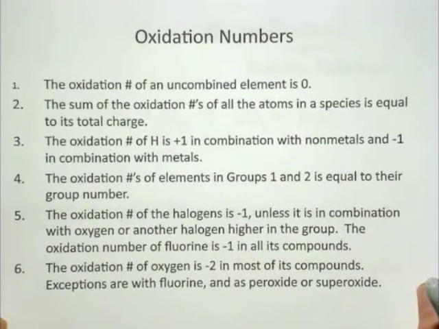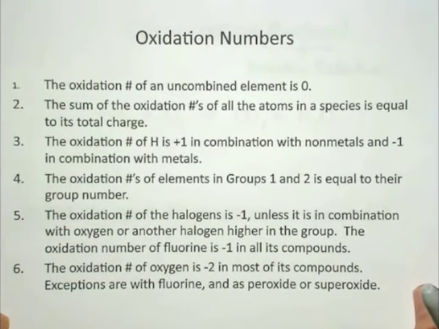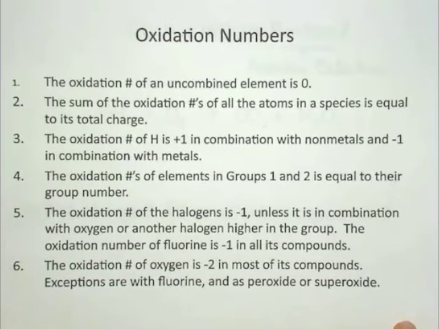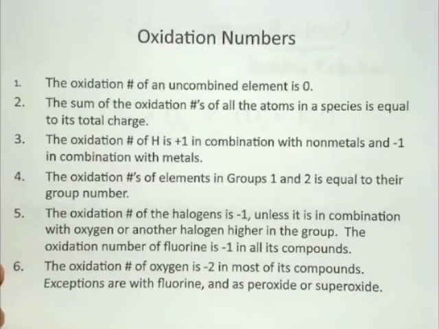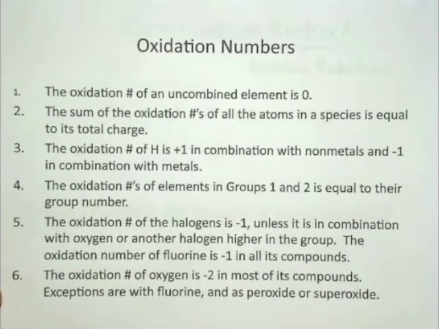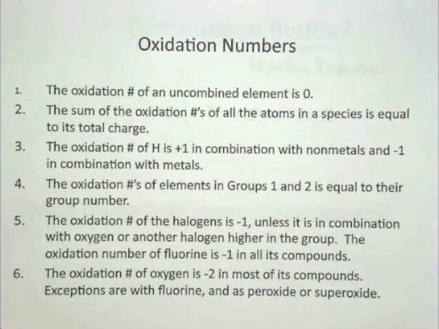This is a list of rules, a system of identifying oxidation numbers for each element within a compound across a chemical change. And if the oxidation numbers change, that tells you that indeed that particular change is an oxidation reduction type change. Okay, so let me run through the rules and I'll go back and show you how it works.